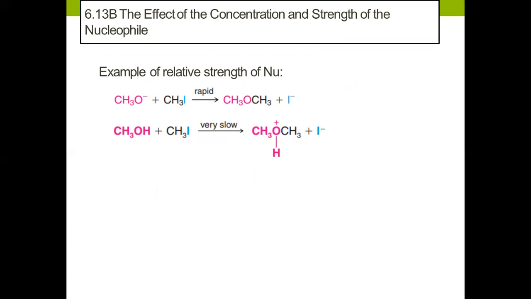So let's compare, for example, the relative strength of the nucleophile. Let's have the substrate here, in this case, CH3I. Two reactions here, with CH3I. In the first reaction that you see in the slides, the nucleophile is CH3O minus. It's negatively charged. It's CH3O minus. And for the second reaction, we have the same substrate.